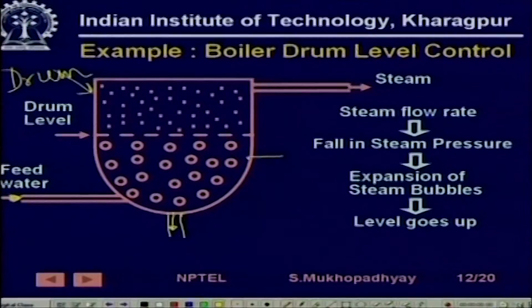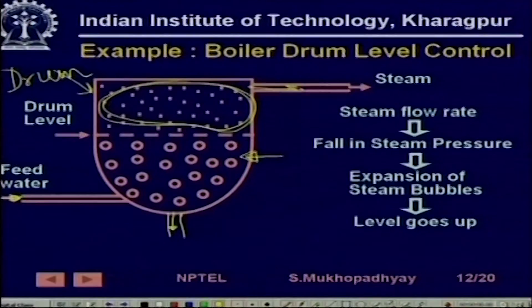Here there are lots of steam bubbles, which come to the surface being lighter. They break and form a steam part in the boiler, which eventually goes out through the superheater and then enters the turbine for power generation.